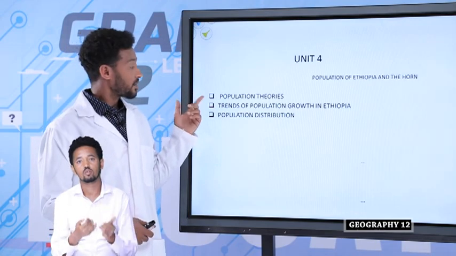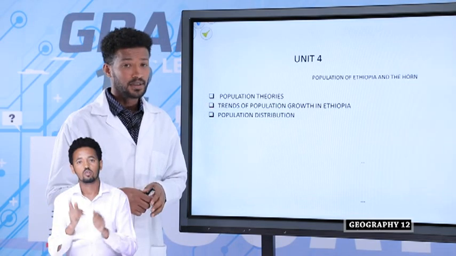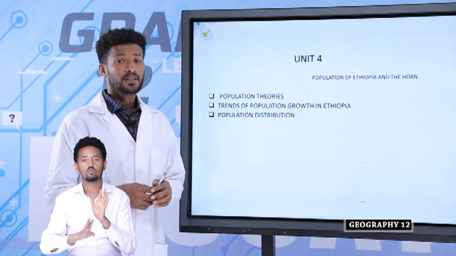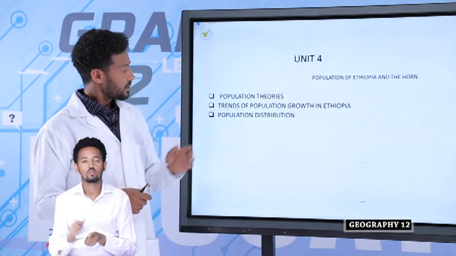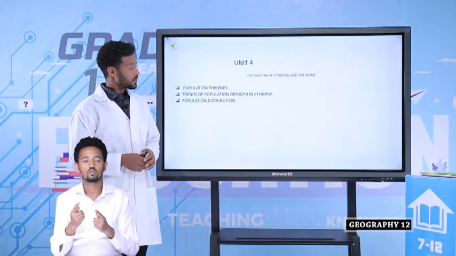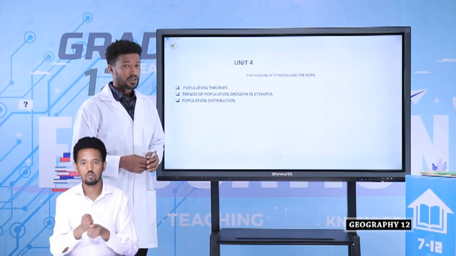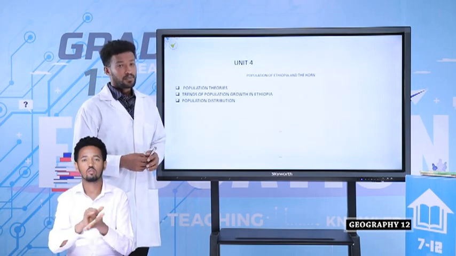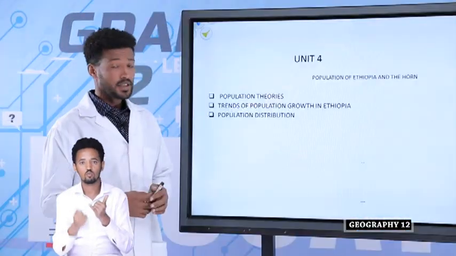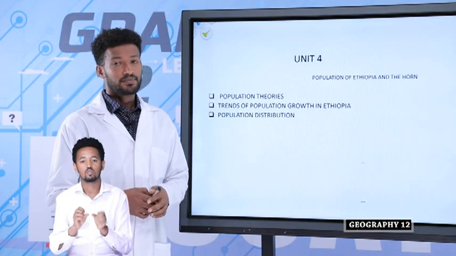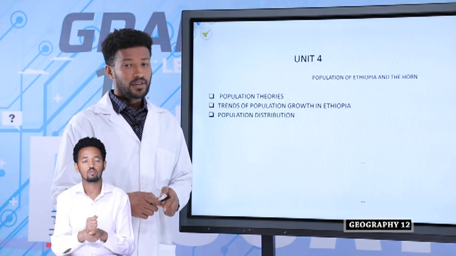In the last period, we discussed the population theories and the groups of people who developed different population theories. Another topic was trends of population growth in Ethiopia and the amount of growth that the Ethiopian population records. Finally, we discussed population distribution, and as we know, population distribution is uneven throughout the world.